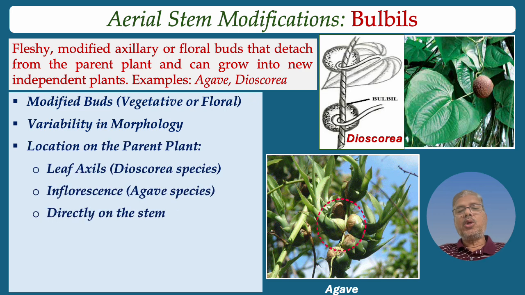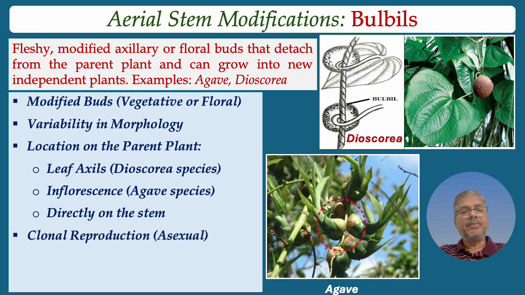Bulbils typically develop in specific aerial locations on the parent plant, like leaf axils, in the angle between a leaf and the main stem, as in Dioscorea, or in place of or alongside flowers on the flower stalk, as in the case of Agave, or on the stem directly. Bulbils are a form of asexual reproduction.